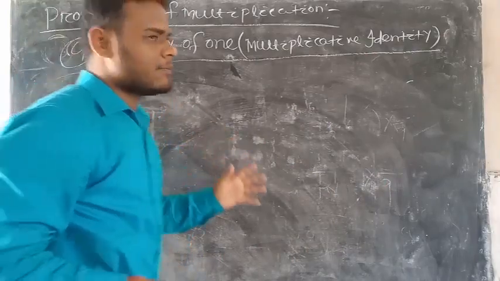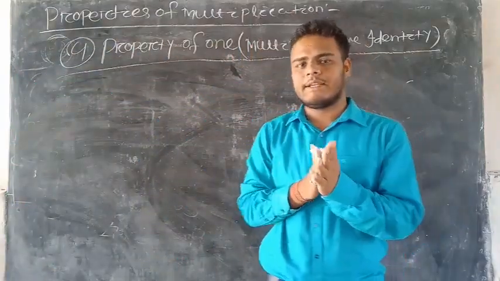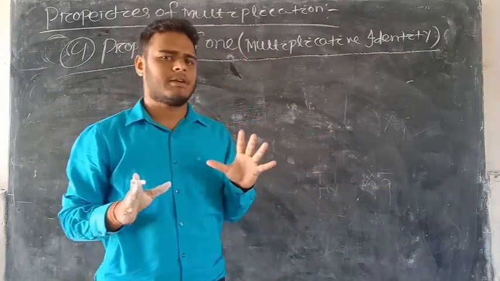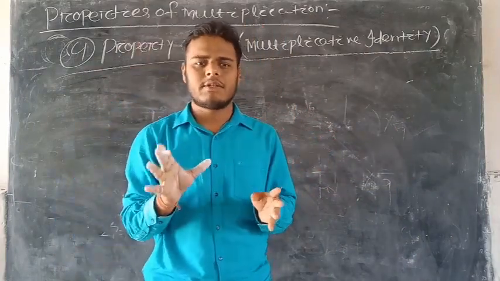So what does property of 1 or multiplicative identity say? It clearly states that any rational number multiplied by 1 will result in the same rational number.